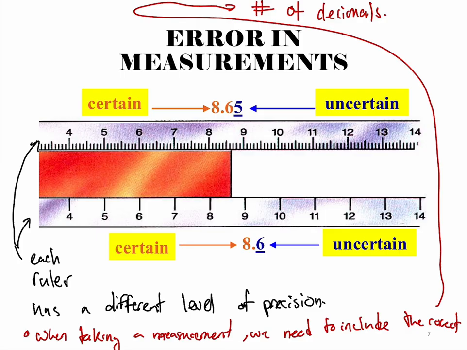And so what you do is you always go to the estimated digit. You always include every digit to the estimated digit.